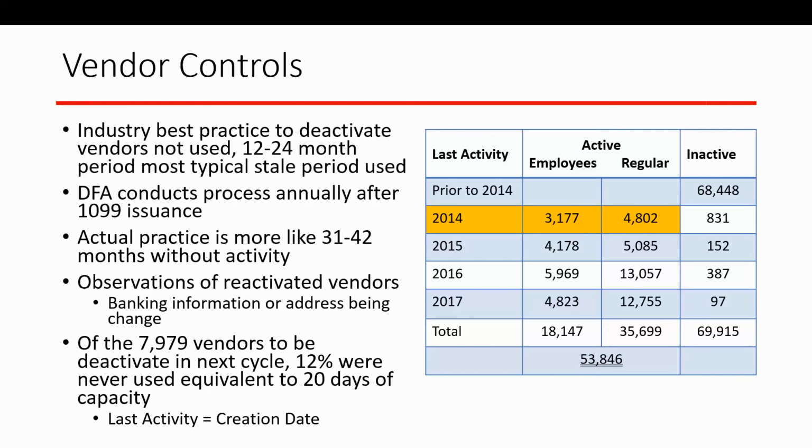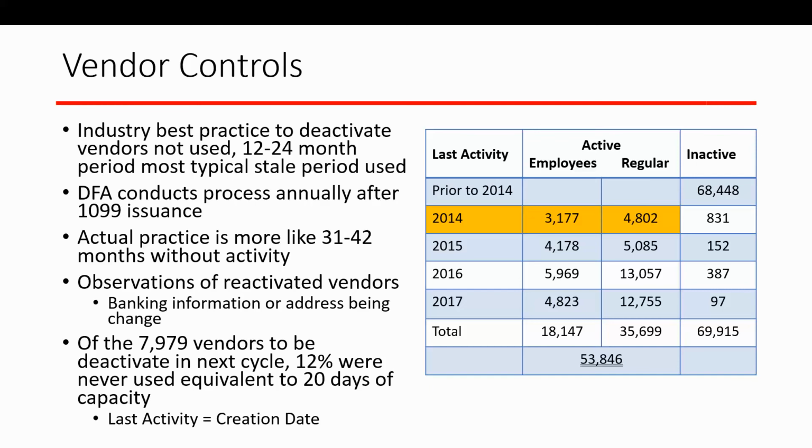On our next inactivation cycle or process, highlighted in gold on the table to the right, we will be inactivating roughly 7,979 vendors. And did you know that 12% of these vendors were never used? That is, last activity was equal to creation date.